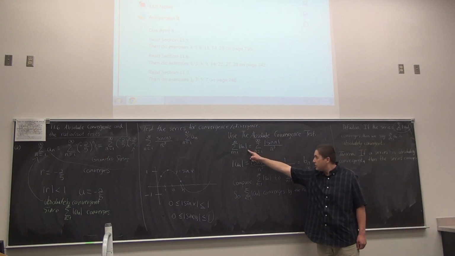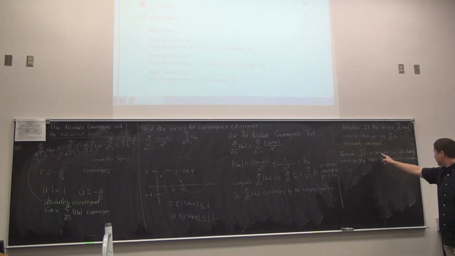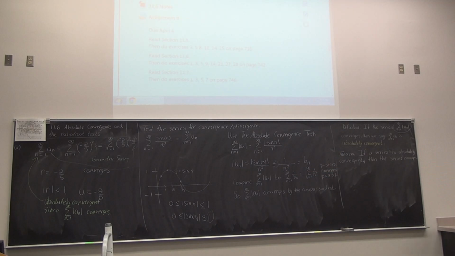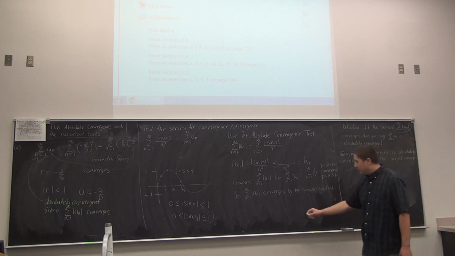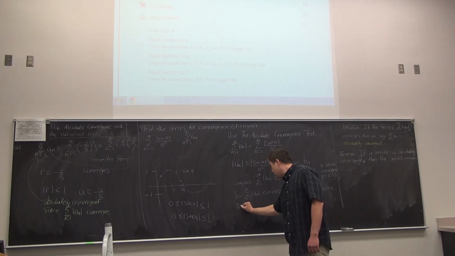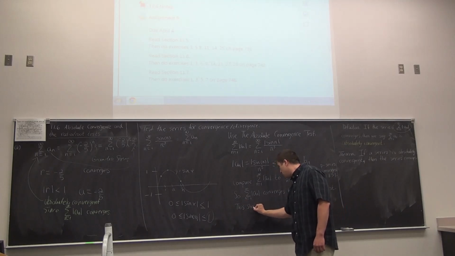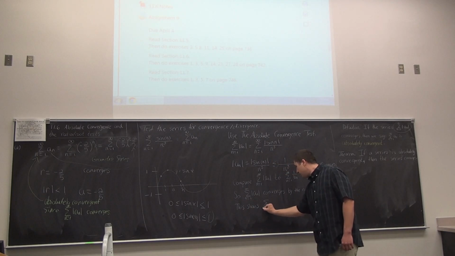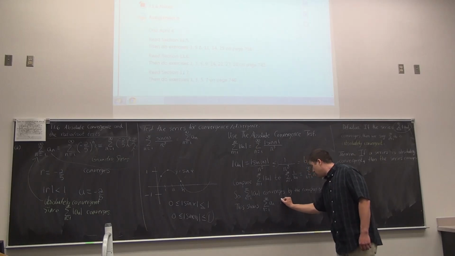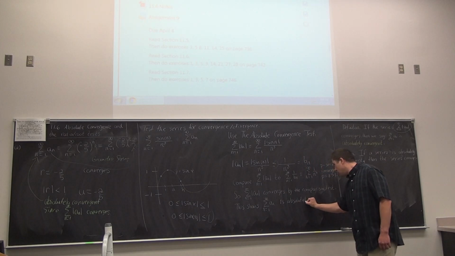But if this converges, the very next theorem says if a series is absolutely convergent, then the original series converges. So now we know this shows that the summation as n goes from 1 to infinity of a sub n is absolutely convergent.